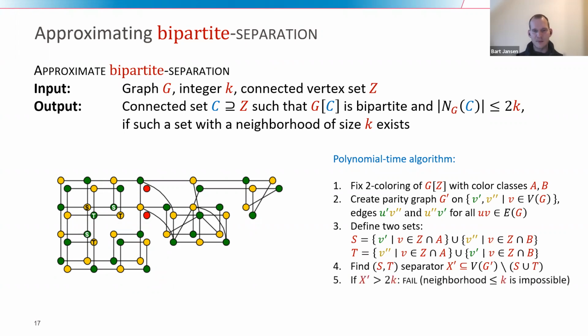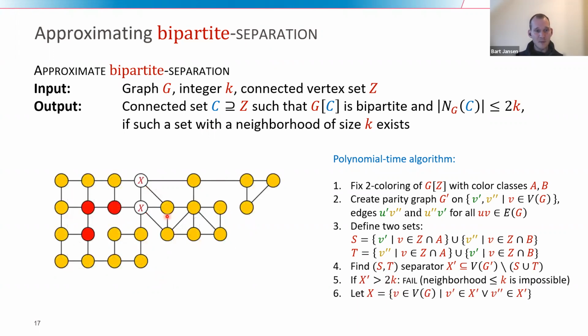And now we inspect this separator. If the size is more than 2K, then we fail. We claim that having a neighborhood of size at most K for a solution is impossible. And if the separator in our parity graph has size at most K, then we see, okay, which copies did you take, which vertices did you take a copy of in the separator of your parity graph? That same vertex set we remove from our original graph, and then we see what is the connected component that Z ends up in.